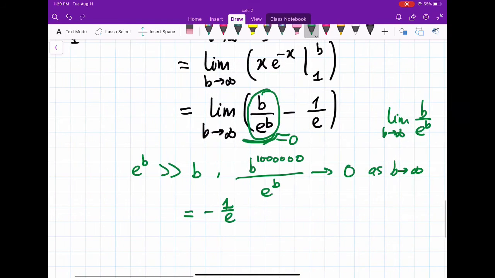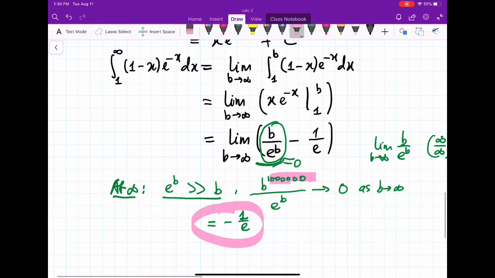But again, we know this, so I accept such a solution. You just write that at infinity this guy is very big compared with b, so the limit is just 0. Even if you have b times 1 million divided by e to the b, that also approaches 0.